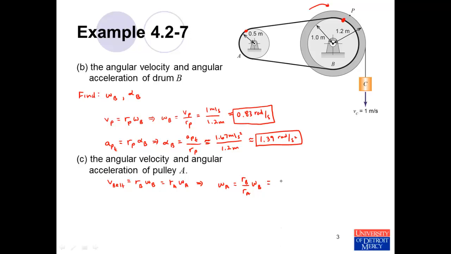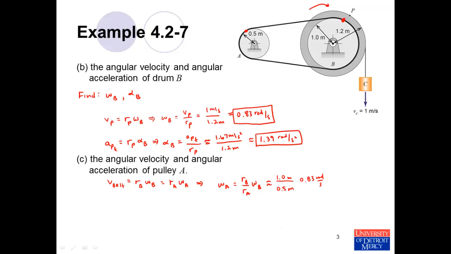In this case, RB is going to be 1.0 meters because that's the radius of the inner drum that the pulley is connected to. RA, where the other side of the pulley is connected, is 0.5 meters, and omega B is approximately 0.83 radians per second.